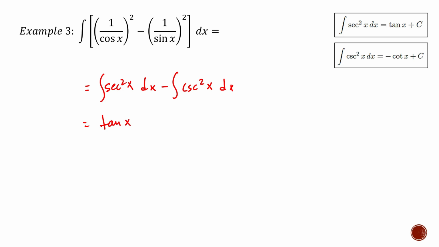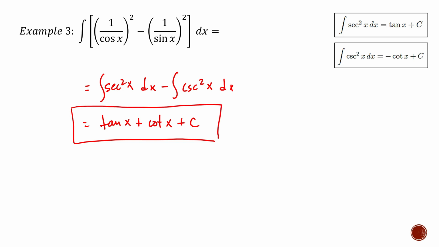There's a minus sign here, and that's also negative, so that means this will be equal to tangent x plus cotangent x plus c. Alrighty. All right, let's go to the next one.